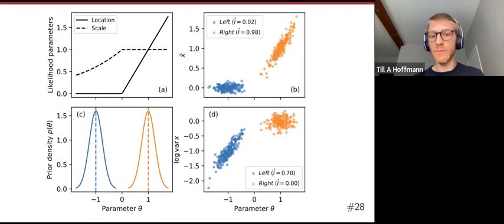On the right-hand side, we've got a scatter plot between the parameter and the sample mean at the top, as well as the log sample variance at the bottom. And the colors are matching the priors on the left. So you see that for the right-hand prior, the sample mean is very informative, but the log sample variance is not, and vice versa.